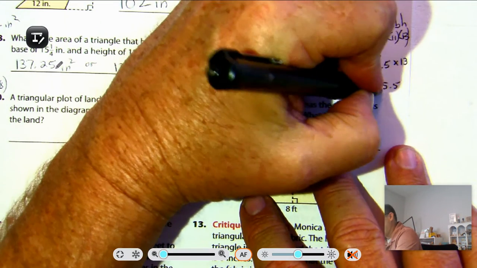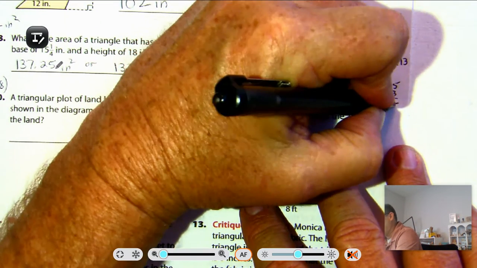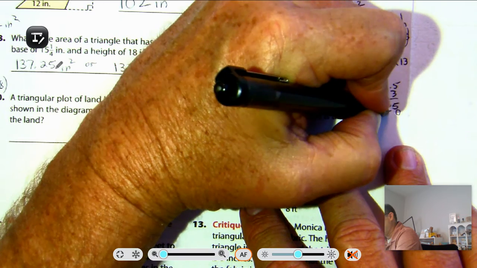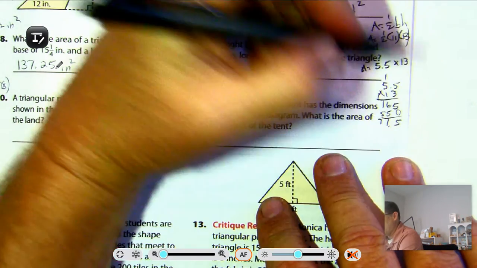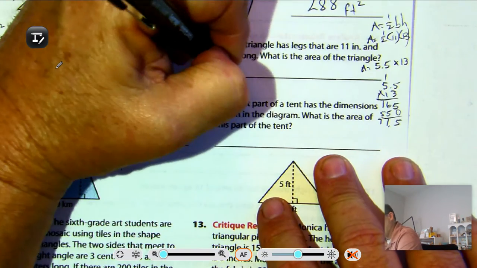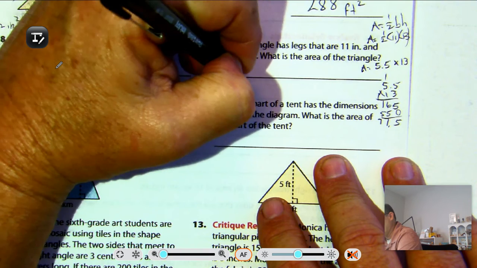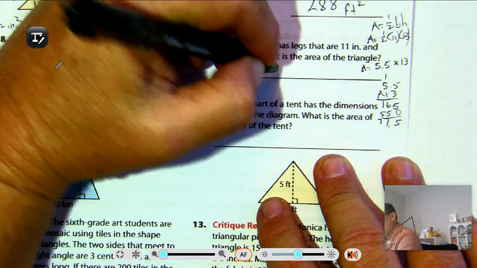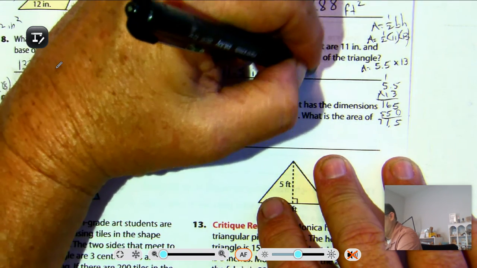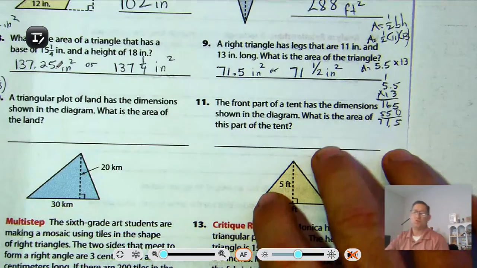We'll go ahead and multiply that, and we get 71 5/10 inches squared, or 71 1/2 inches squared.